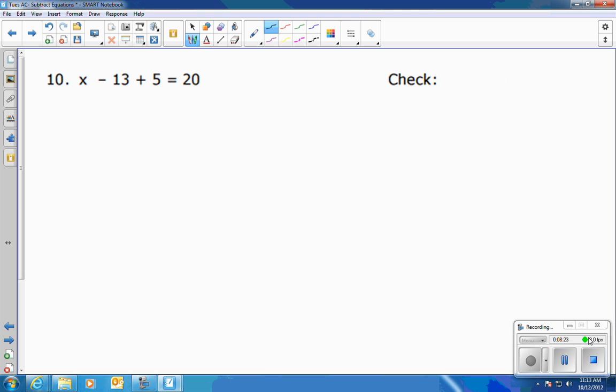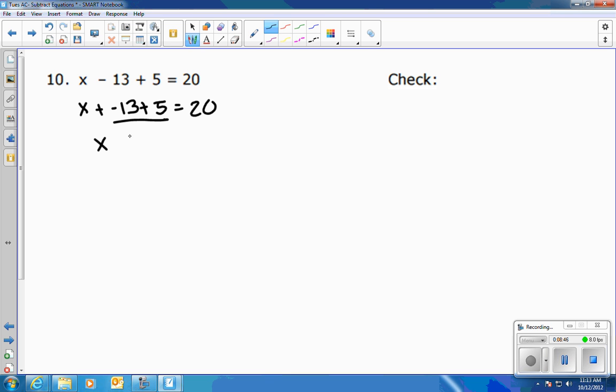So did it work? Yes, it did. This one's a little bit trickier because you've got some stuff going on up here. I'm going to go ahead and add the opposite so that I can see my integers a little bit more clearly. Now, these two things are really the same. If you have 13 negative counters and 5 positive counters, you can combine those, or you can simplify them.